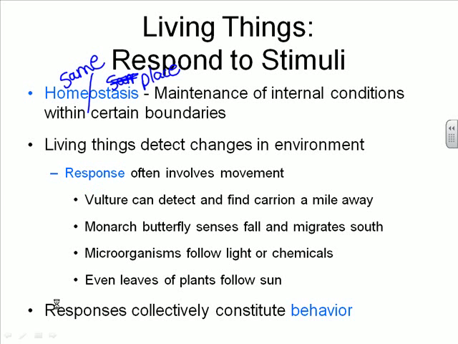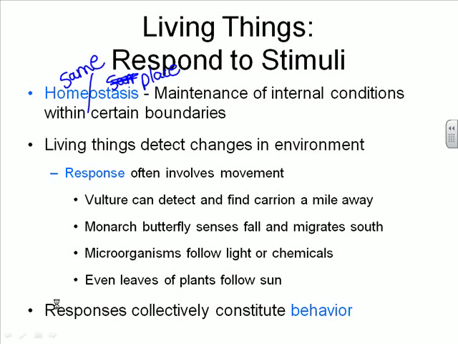Now, living things have the ability to detect changes. The human body is a little easier to understand because when we go outside and we get hot, that is a stimulus that our body detects, and our body then begins to maintain our normal boundaries by allowing us to sweat. The sweating will cool our body and help us maintain homeostasis.